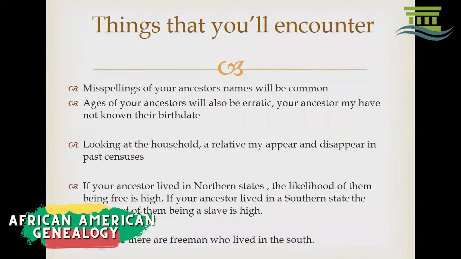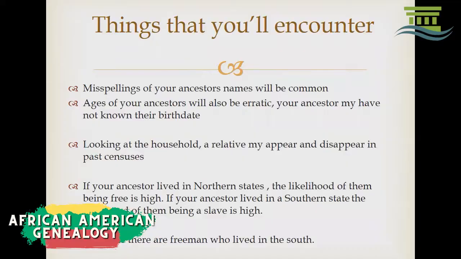One thing you may encounter in African American genealogy is discrepancies or errors in age. When we go over a specific man by the name of James Clardy and his kids and his line, we'll see that there are a lot of errors there. Sometimes ages won't match as you progress backwards in time through the censuses.